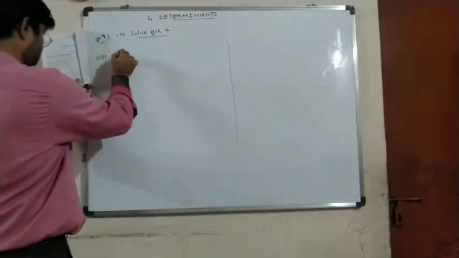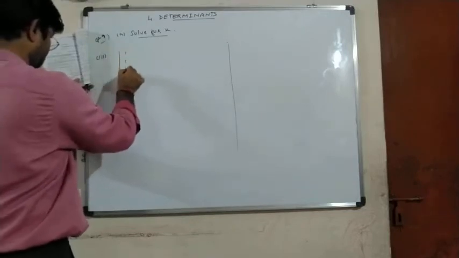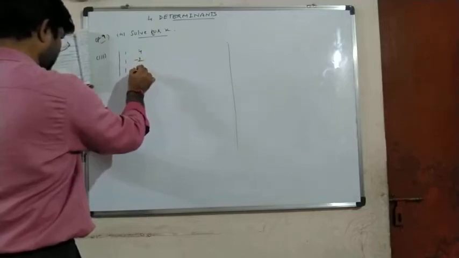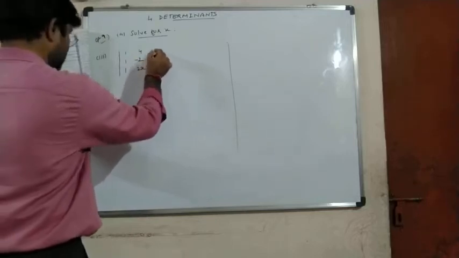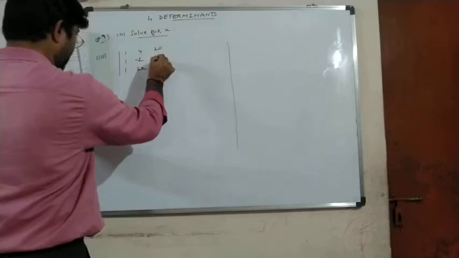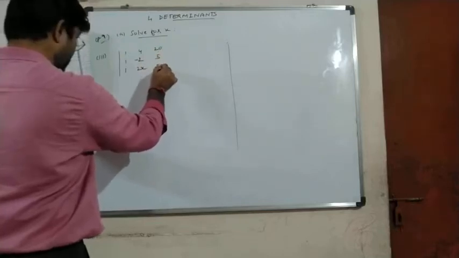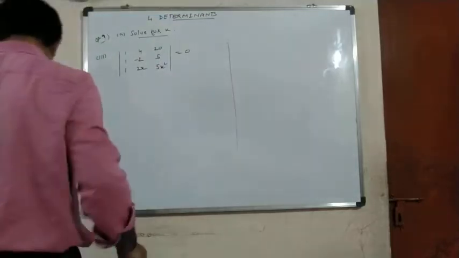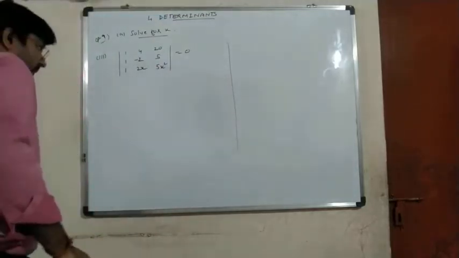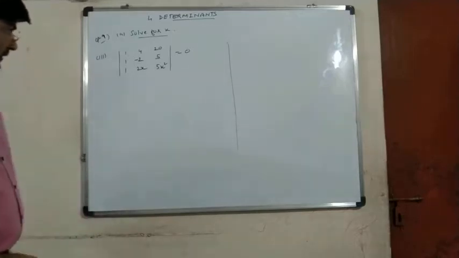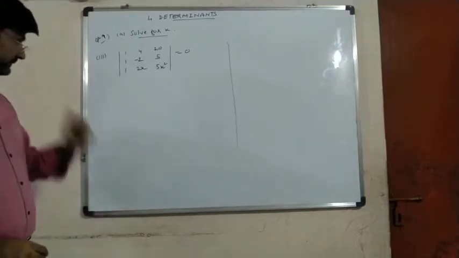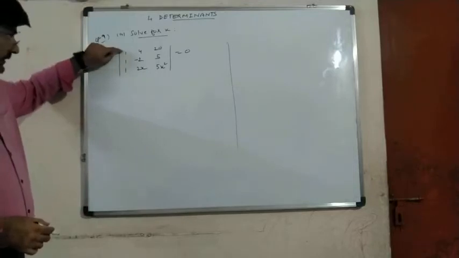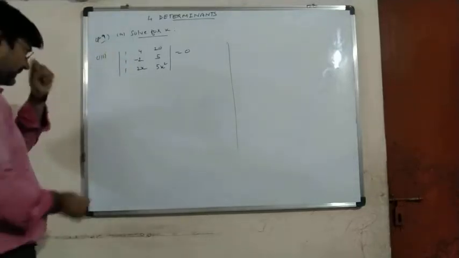Third number, the elements 1 1 1 are given, 4 minus 2 2x, 20 5 5x square equal to 0. Again here we have 1 1 1. So on R1 minus R2 and on R2 minus R3 we will do.